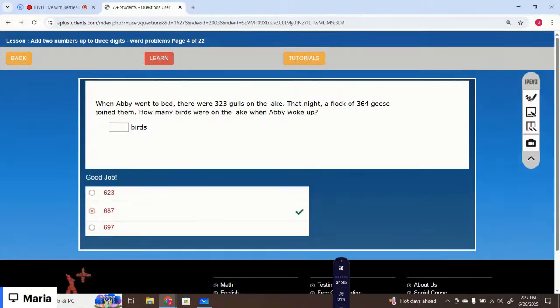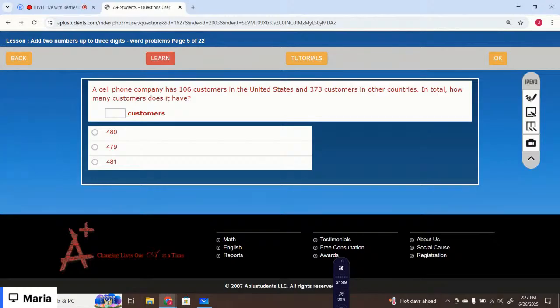Okay, the next one is: a company has 106 customers in the United States and 373 customers in other countries. In total, how many customers does it have?